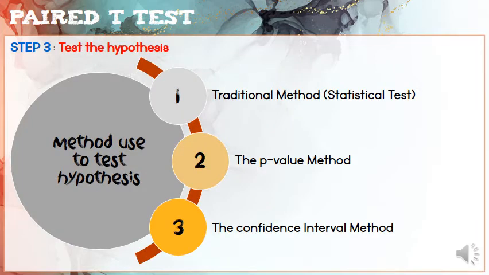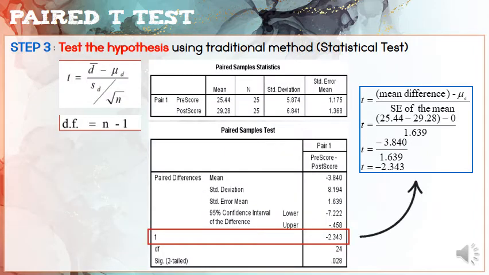We can test our hypothesis using 3 methods, either traditional method, p-value method, and the confidence interval method, same as before. To test our hypothesis using the traditional method, we can find T by using this formula, where D is our mean difference with degree of freedom n minus 1. Or we can find our T value from our SPSS output here.